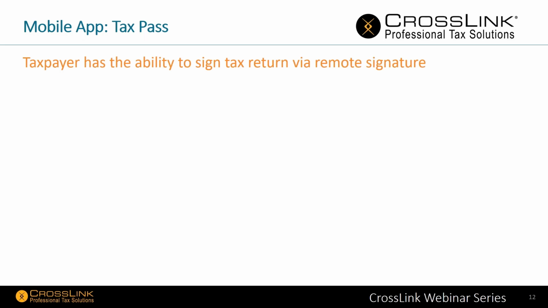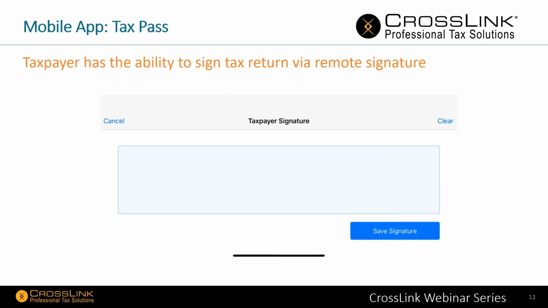And also, we now have the ability to sign the tax return via remote signature. If you opt in to our remote signature service, then you can provide the option for your taxpayer to sign their tax return inside the mobile app utilizing remote signature. Of course, all the devices are touchscreen these days, so they're able to sign that signature.